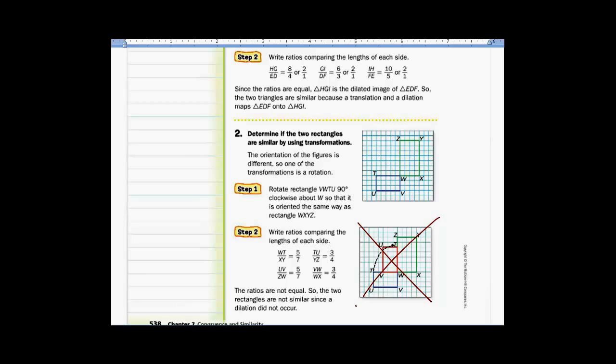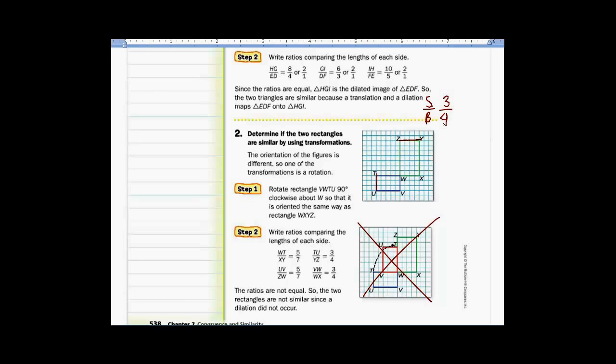So again, if I'm going to compare these, I would compare sides. I could compare TU. So if I'm going to compare small to big, again, this is just the way I do it, small to big. 1, 2, 3 units. The big side that corresponds to that would be right here, which is 1, 2, 3, 4.